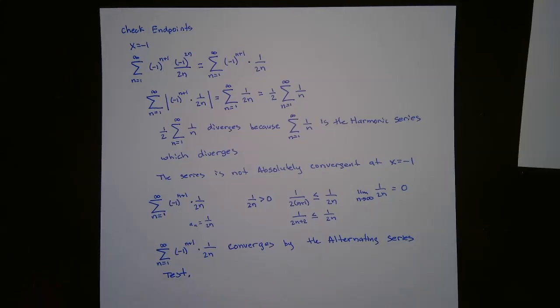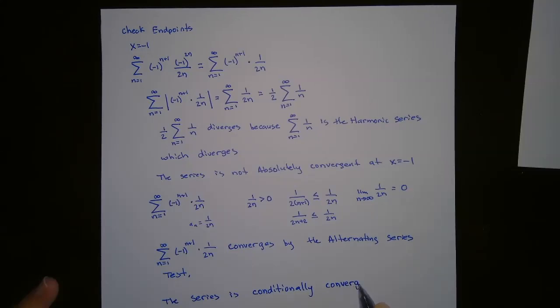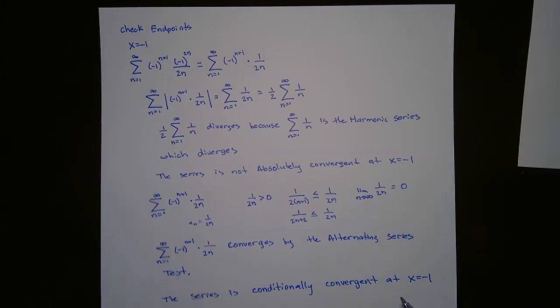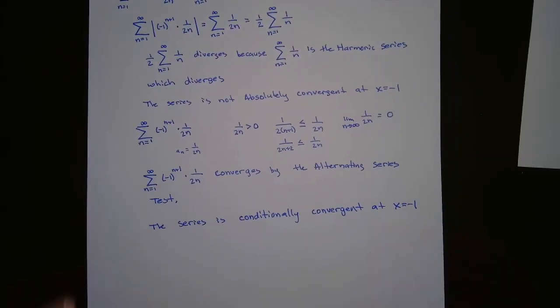Okay, so what do we know? That means the series is conditionally convergent at x equals -1. Sorry, the series is conditionally convergent at x equals -1, okay?